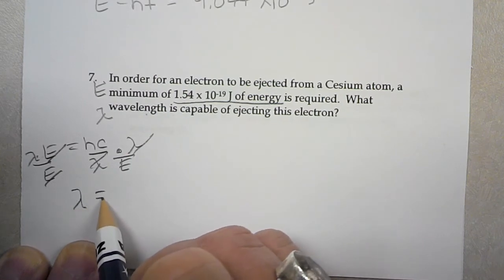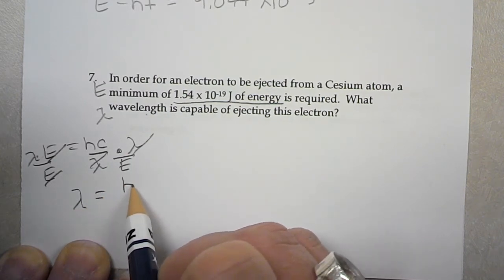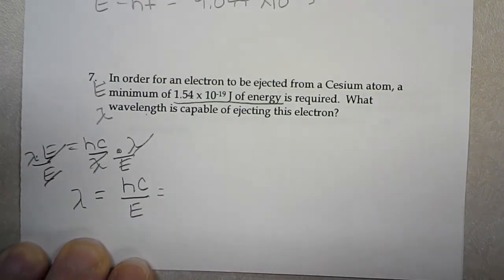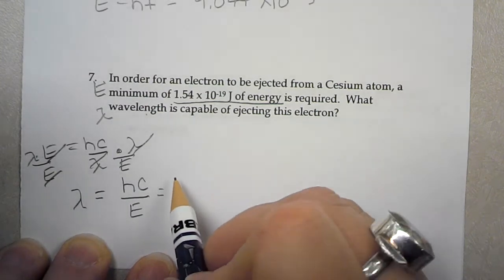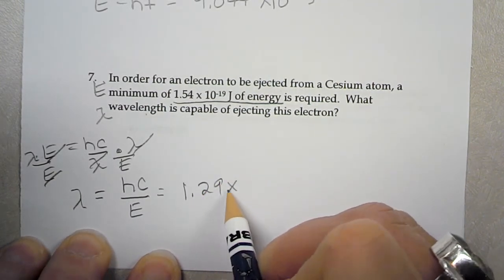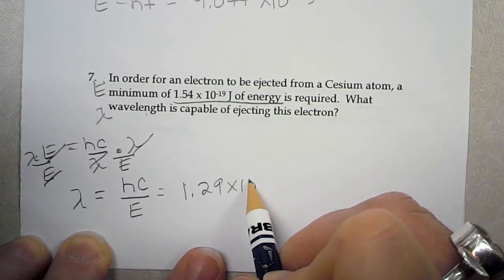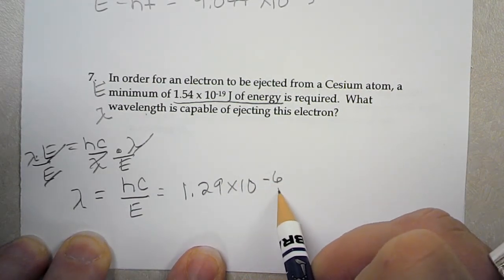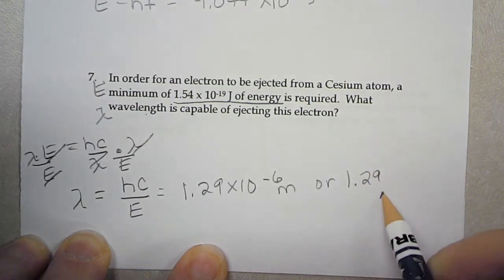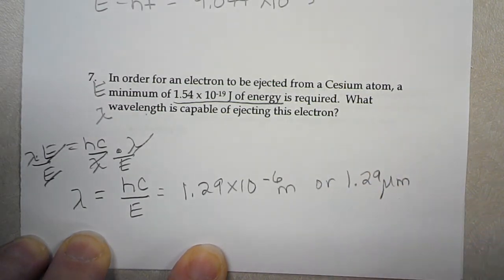So my formula becomes wavelength is hc over E. So when I put in my Planck's constant and my speed of light and I divide it by my energy, I get 1.29 times 10 to the -6 meters, or 1.29 micrometers, because micro is 10 to the -6.